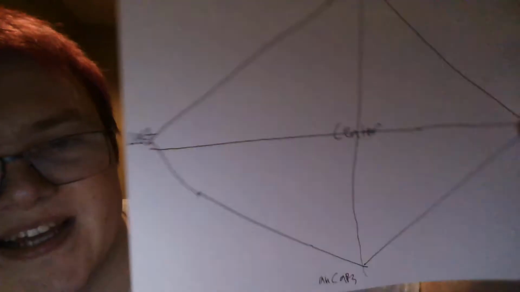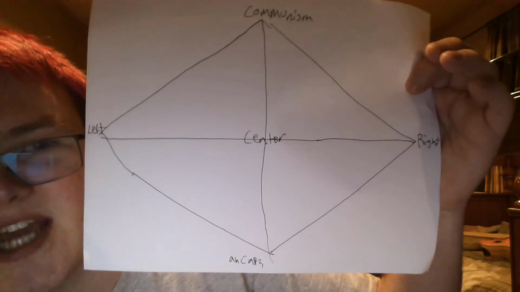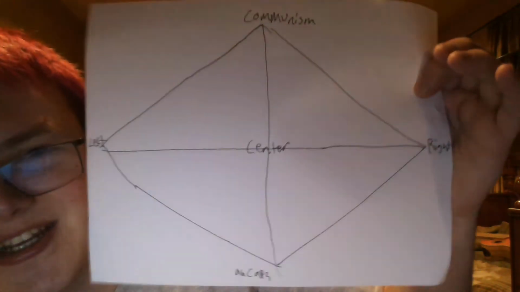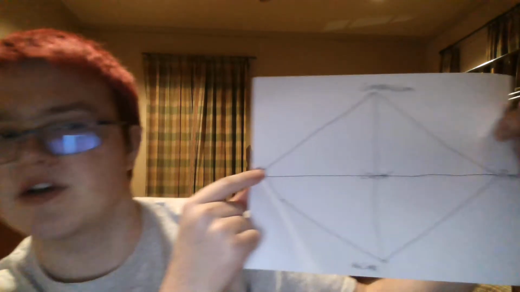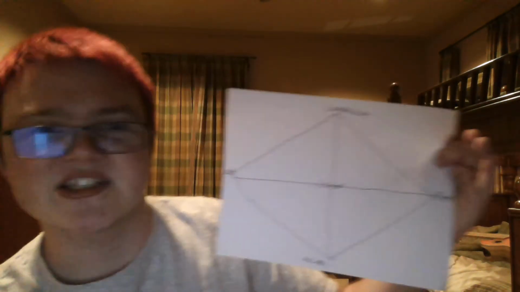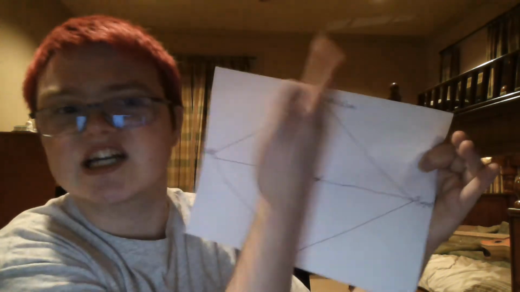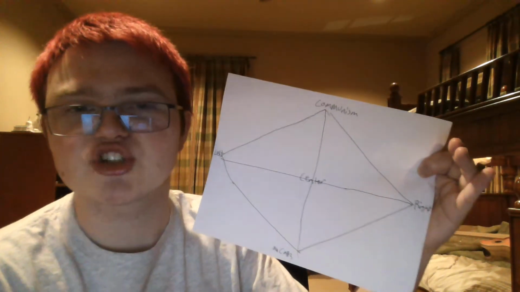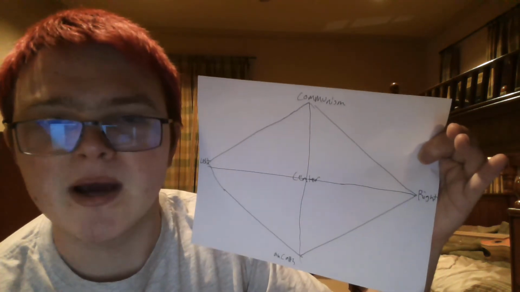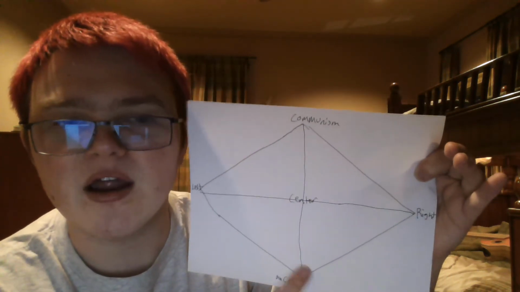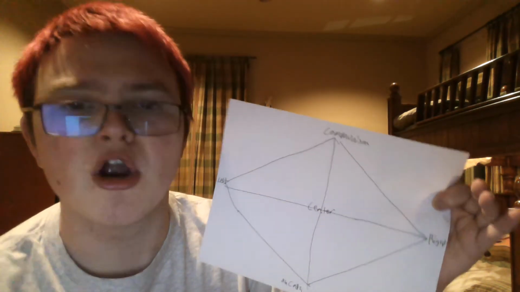Essentially, this is, I would say, a more accurate representation of the political spectrum. You've got left-wing politics over here, right-wing politics in here, and in the center you've got things like communists on the extreme, and then ANCAPs on the extreme center over here.